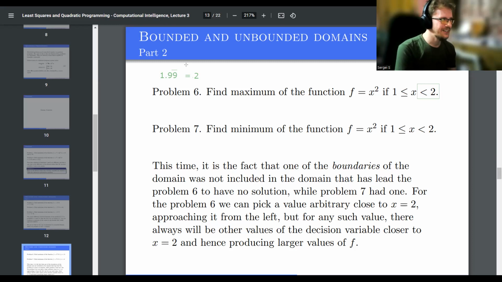Another way to say it is that when we try to construct a sequence of x which should converge towards the solution, it converges to a value outside of the domain. There is indeed a convergent sequence of solutions x as it approaches 2 from the left. It converges, but to a number that is outside the domain, and that is a problem.